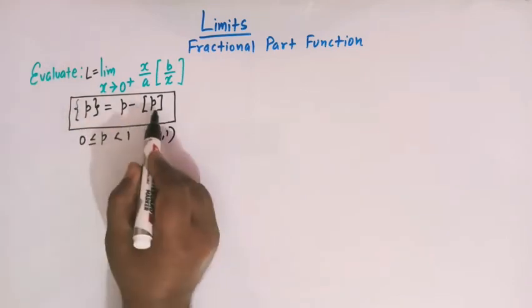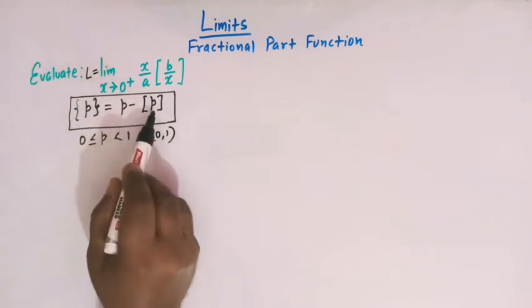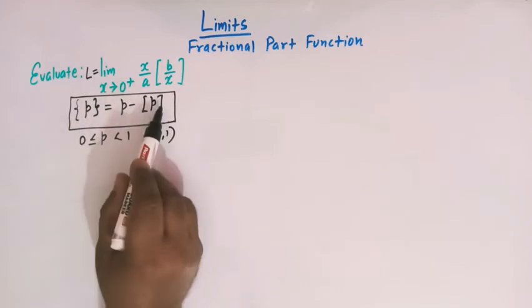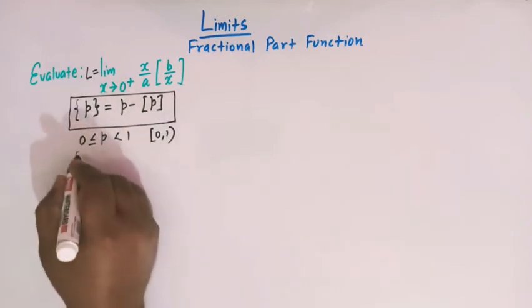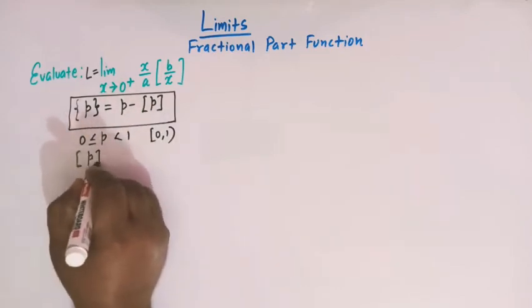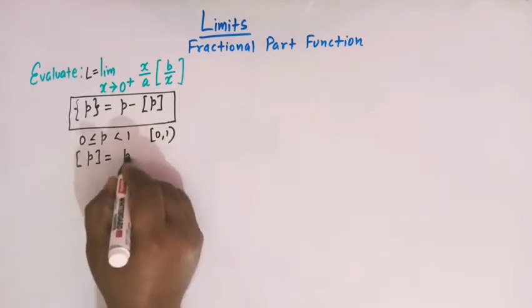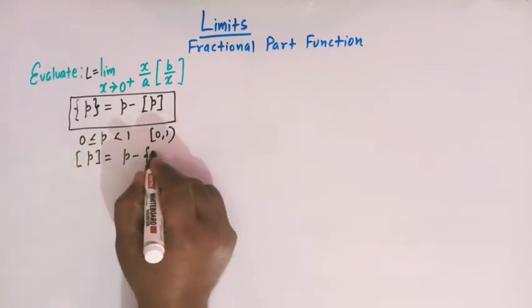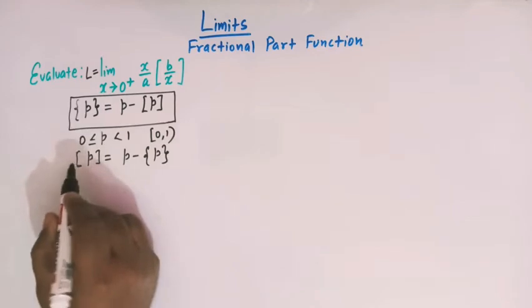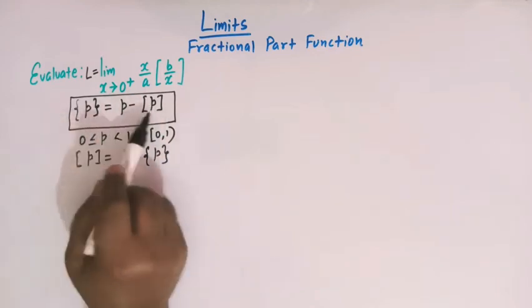So if we take this term to this side and this term to this side, then we can write the greatest integer of p as p minus the fractional part of p, right? That is what we have done here.